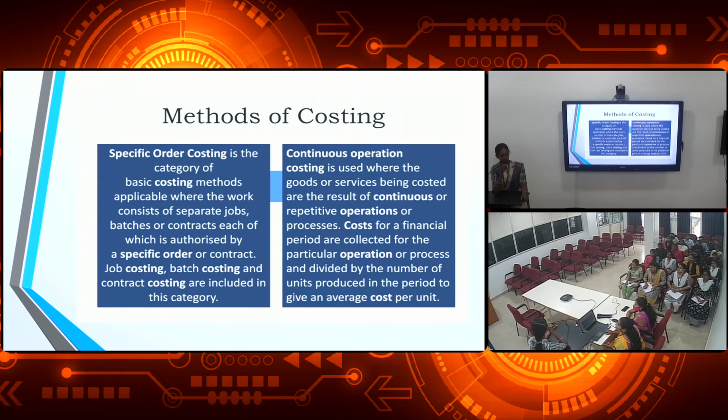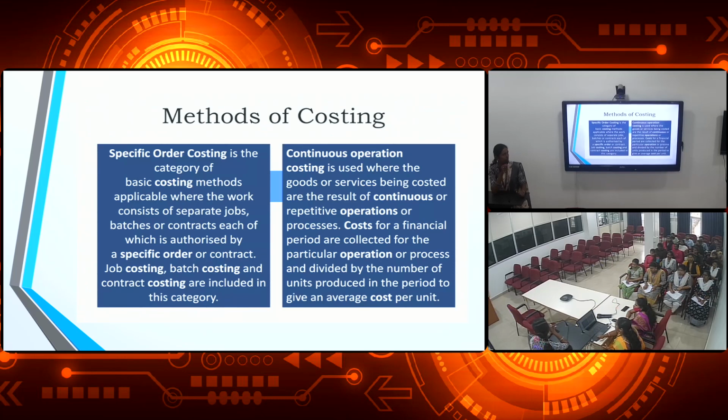There are different types of specific order costing: job costing, batch costing and contract costing, which are involved for a particular job or a particular process, to make the manufacturing process complete.